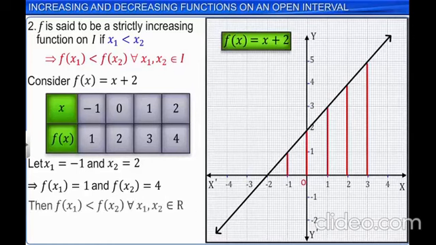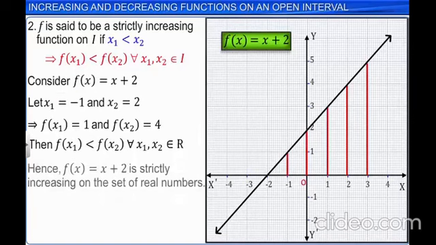So, for every x1 less than x2, we have f of x1 less than f of x2. Hence the function f of x is equal to x plus 2 is strictly increasing on the set of real numbers.